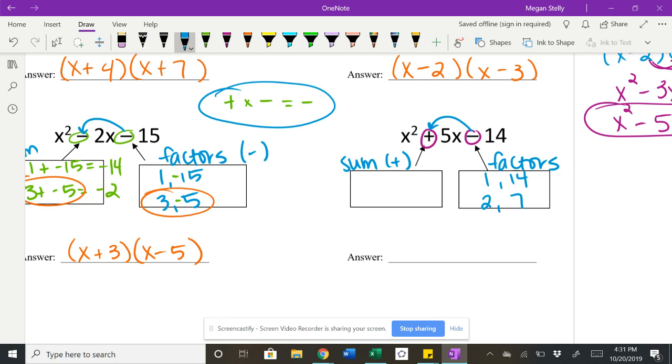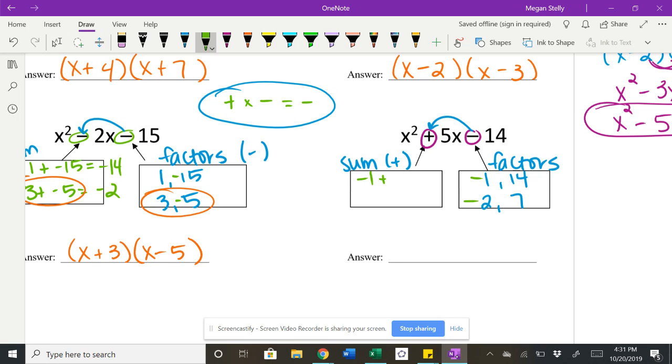I owe someone $10, and so my answer is I'm still going to be in the positives. I'm still going to have $10 left once I pay that person back. So if I want them to add up to a positive number, then my smaller factor is going to be the one that's negative this time.